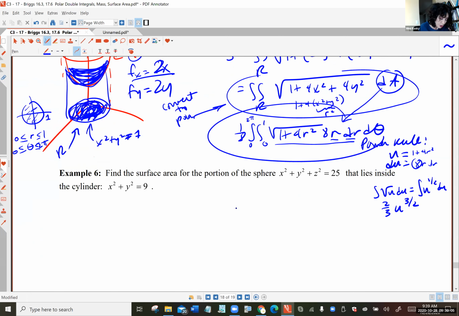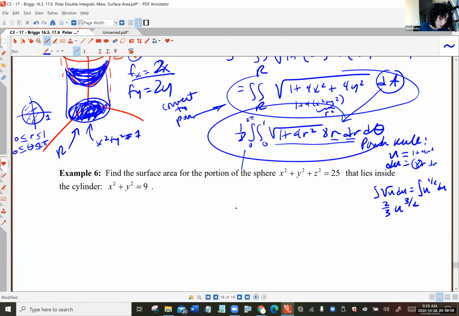So once you clean up here, you'll still have the outermost integral left. Your antiderivative here is 2/3 u to the 3/2, and then put your u back in, which for us was 1 plus 4r squared, and you want to evaluate that between 0 and 1. So you are going to get a pure number.